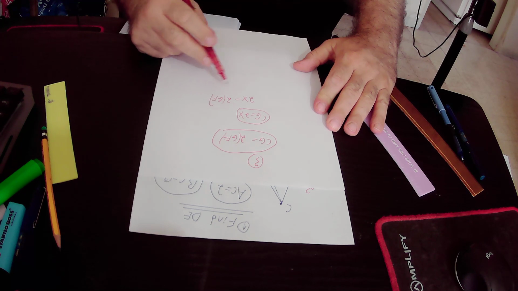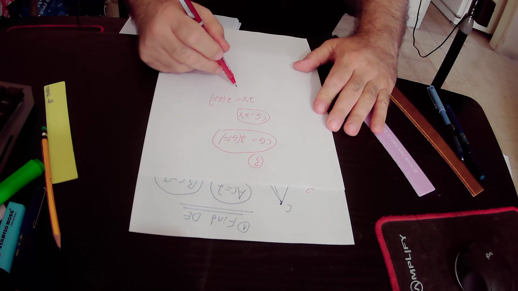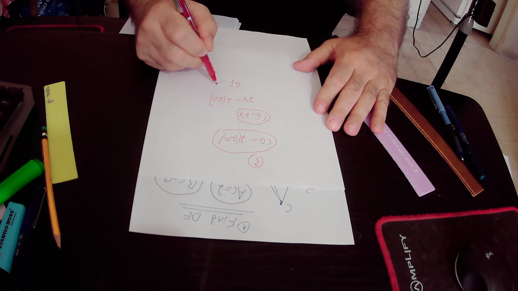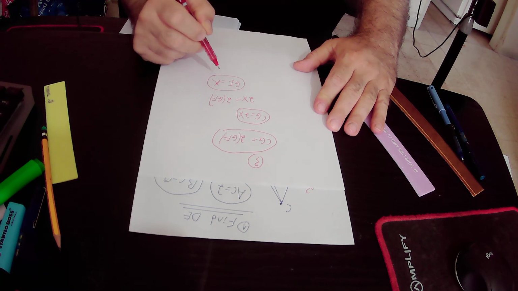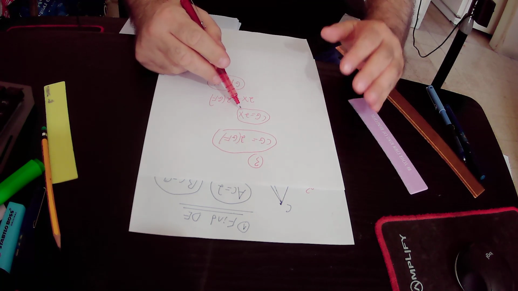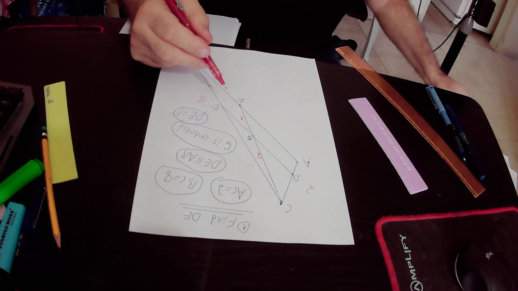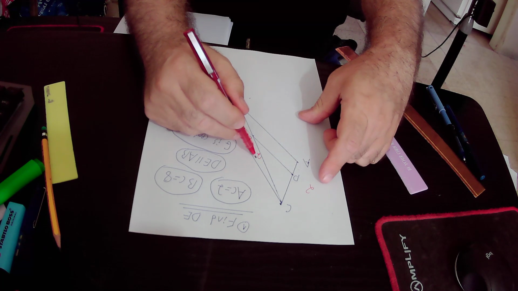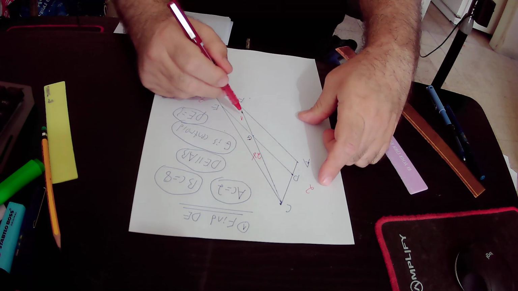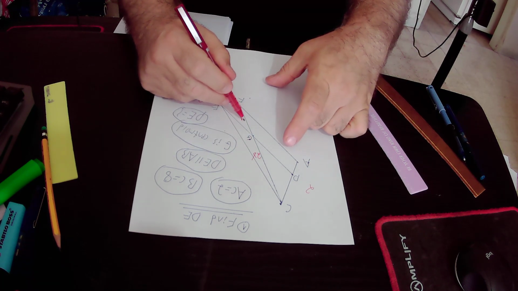Then we divide this equality by 2, and we get that GF equals x. So if CG equals 2x, then GF will be equal to x.